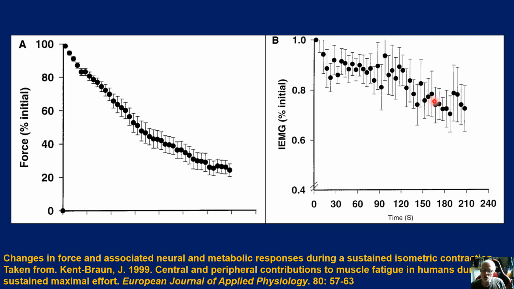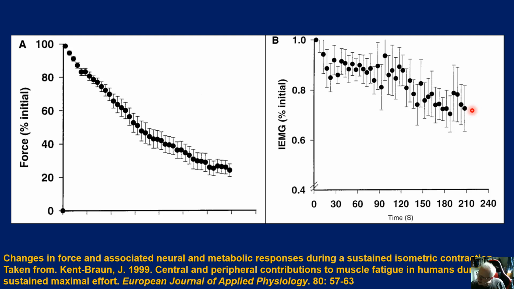If we're trying to generate force, we have to increase neuromuscular recruitment; more muscle fibers need to be recruited. But if you look at the slopes, they're pretty similar. Force output declines, and you get a concomitant decrease in IEMG activity.